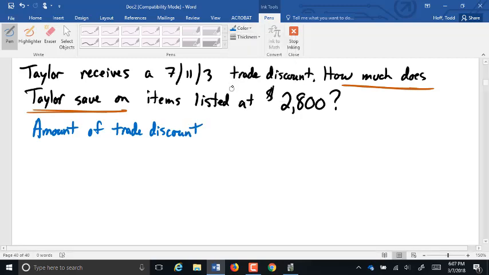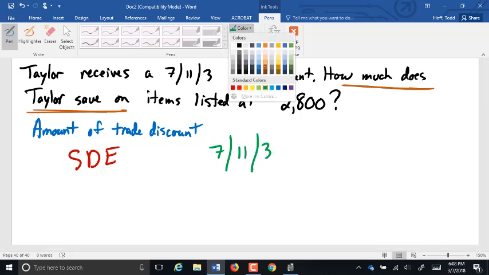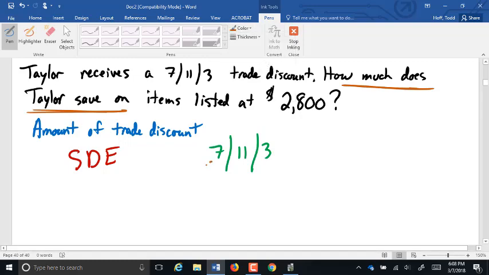So to find the trade discount, we want the single discount equivalent. To find the single discount equivalent, we're going to take our trade discount, 7-11-3. 100 minus 7 is 93. So that's 0.93. What happens to the 11?